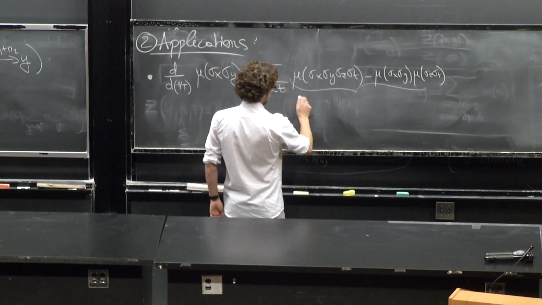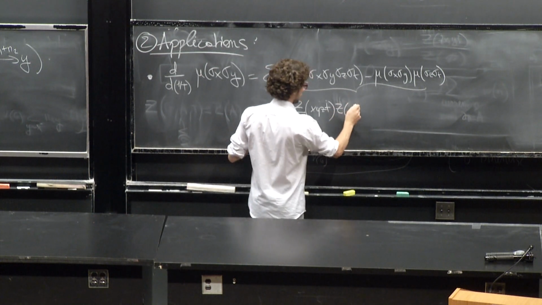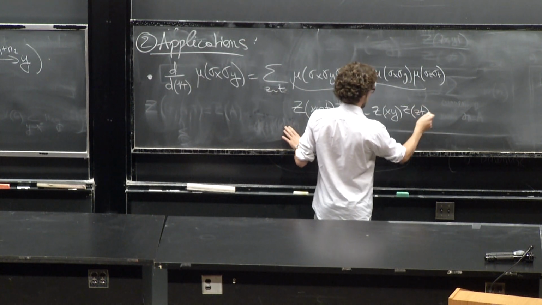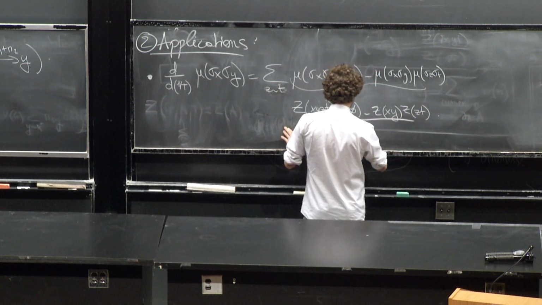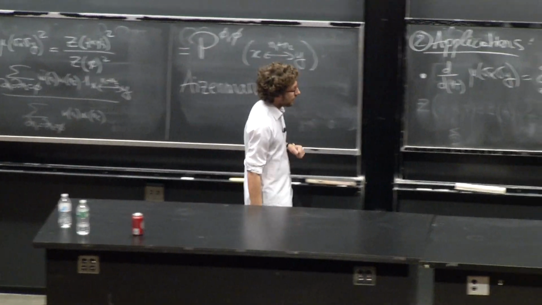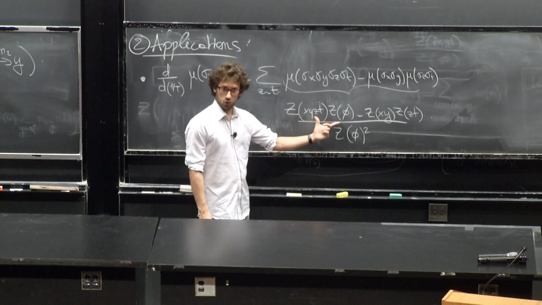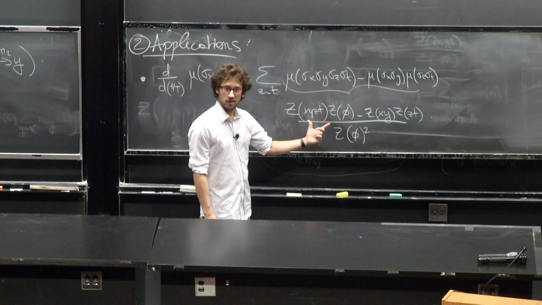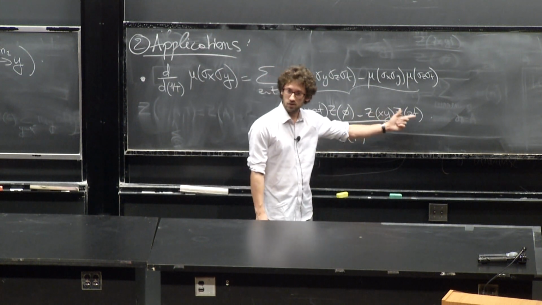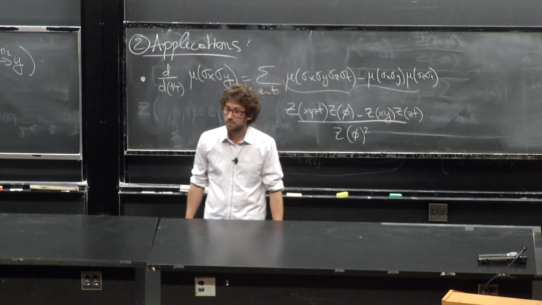Right? So what is this? Well, it's Z of x, y, z, t times Z of the empty set, minus Z of x, y times Z of z, t, divided by Z of the empty set squared, with the definition of our partition function. Here you have a sum over n1 with sources at x, y, z, t, and n2 with no sources, and here a sum with sources at x and y for n1 and sources at z and t for n2. Do the switching lemma once again.